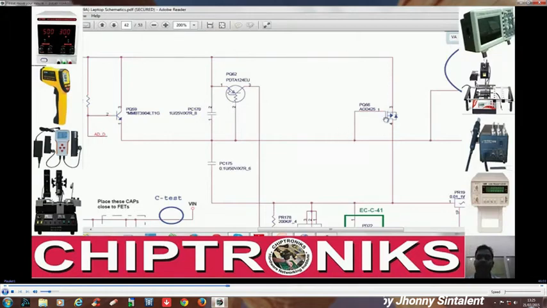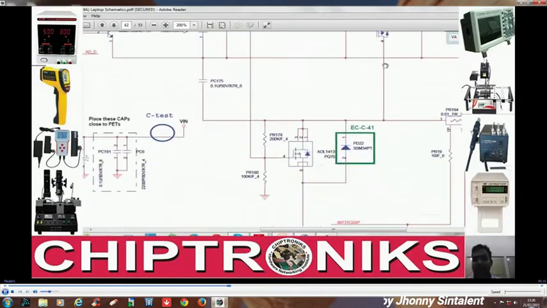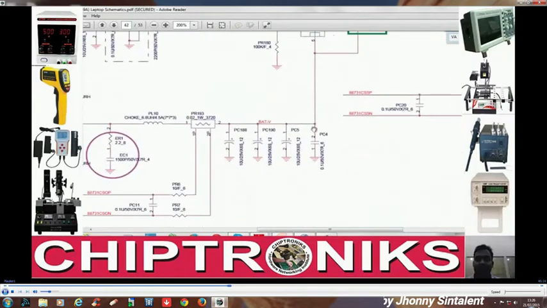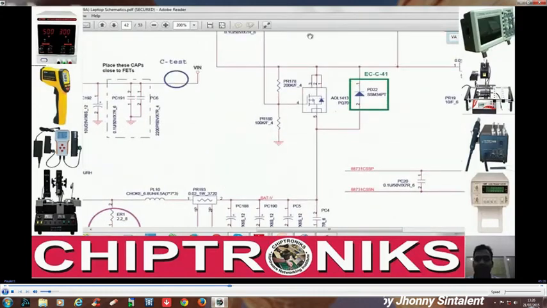This is a P channel MOSFET. For a P channel MOSFET to operate, we know VGS has to be negative. Here voltage at source is 19 volt, voltage at gate is 6 volt, so VGS is negative, so it will turn on and it will generate Vin. But this MOSFET has to turn off, right? Because we have inserted an adapter, and this is the battery connector, so it has to get turned off.